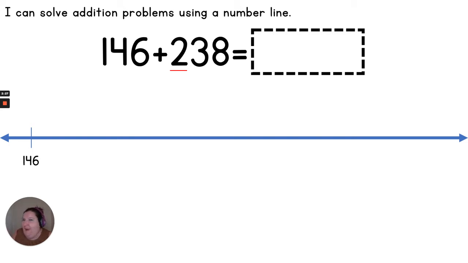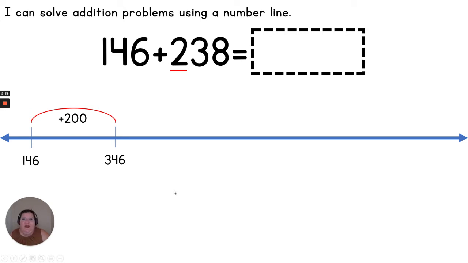So that means 100 plus 200 is 300. My 10s and 1s are not changing yet. So I'm going to make that jump of 200, and it's going to become 346. Remember, I have not touched my 10s and 1s yet, but I have added the 2 from the 200.